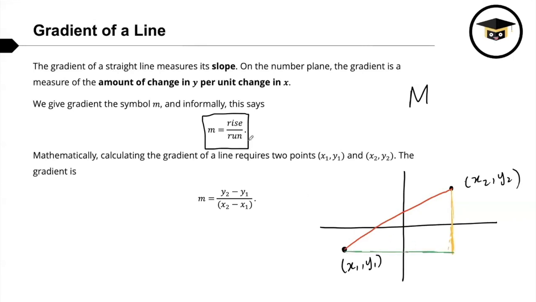So rise over run. What is our rise? You can see that this point here correlates to y2, and this point here correlates to y1. So this orange line has a distance of y2 minus y1.